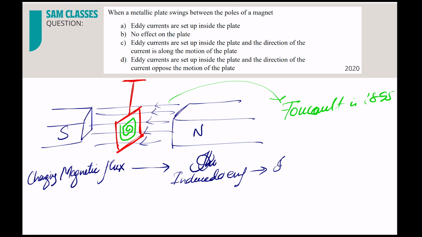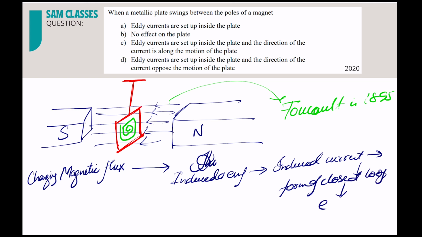This gives me current. And now this induced current comes in the metal in the form of closed loops, and that is known as eddies or whirlpools. Clear? And hence we get the name of the current as eddy current.